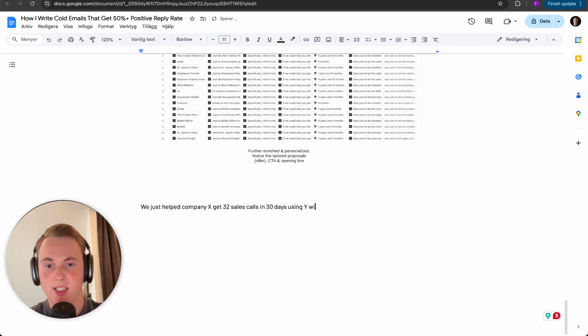And then you can have this cheeky little without section, without a common pain point, basically, without lifting a finger. Probably sounds better, without lifting a finger.